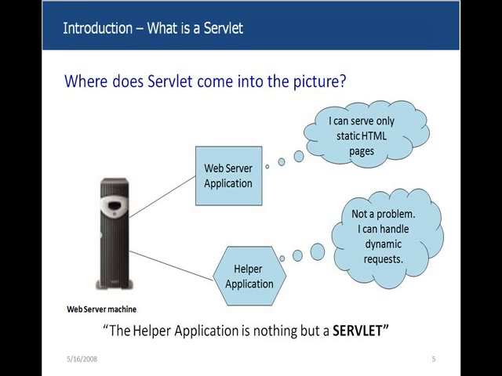Now assume that the client needs something which is not static in nature, but dynamic. Coming back to the example of Yahoo Mail, the first page you get, the Yahoo Mail homepage, is a static page.